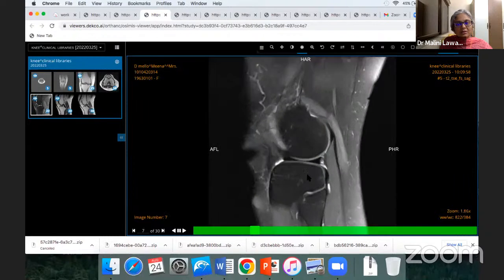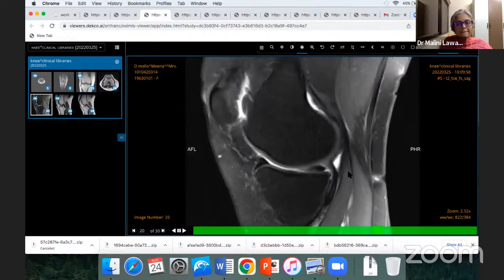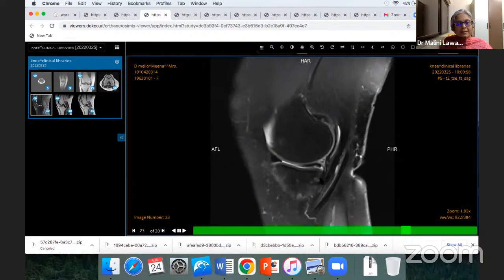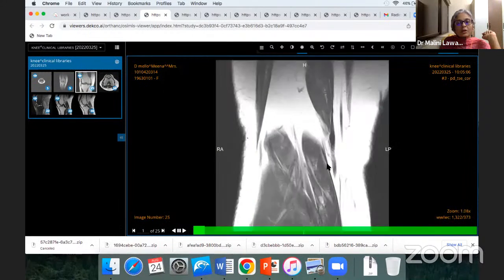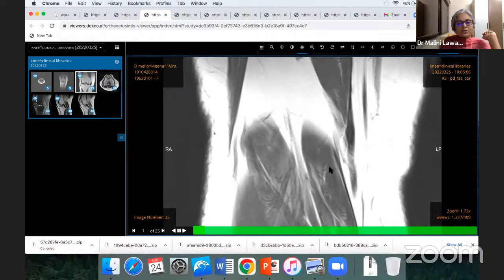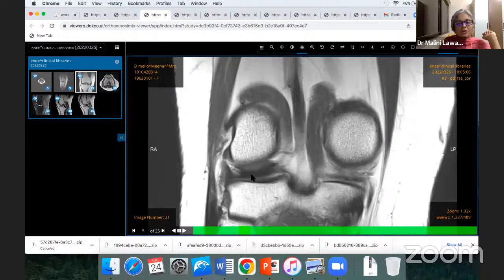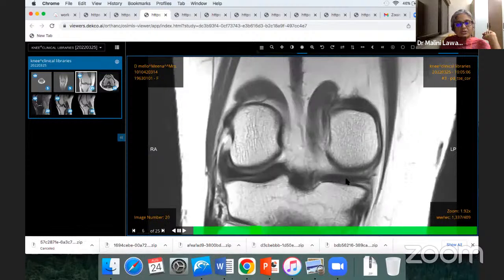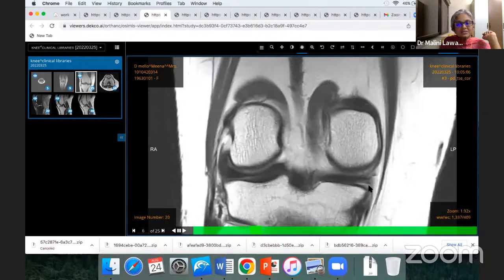Let's see that on the fat sat T2 weighted images. Can you see this tear here? This is abnormal. So now I'm going to look at it on the coronal image, because this tear is at the posterior horn body junction almost of the medial meniscus. Posterior horn of lateral meniscus, posterior horn of medial meniscus, and you can see along the undersurface there is this defect.